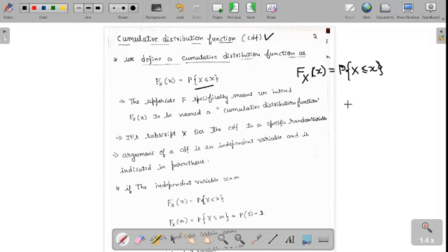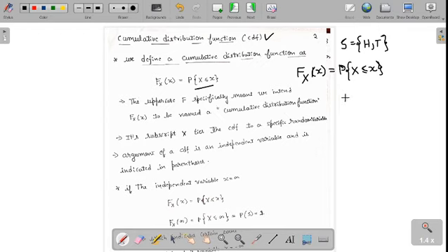So what was the example? Tossing a coin. If we toss a coin, what will the sample space be? Head and tail. So what is the probability of getting head?